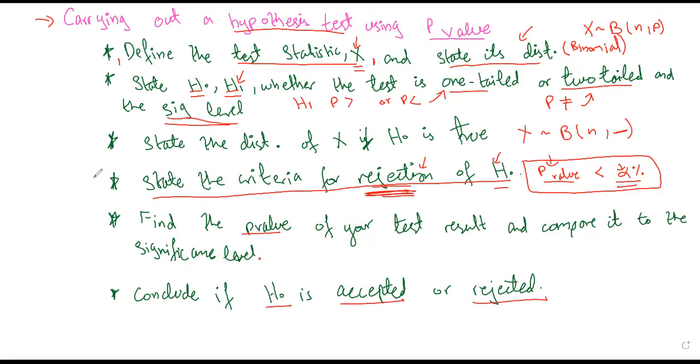Once we state the criteria, the next steps are finding the p-value and comparing it with the significance level. If the p-value is less than the significance level, our null hypothesis would be rejected, and if it is greater than the significance level, it would be accepted. So we have just discussed this much.